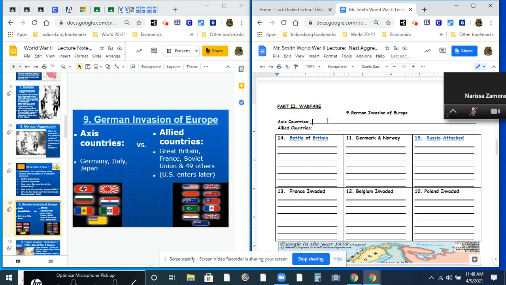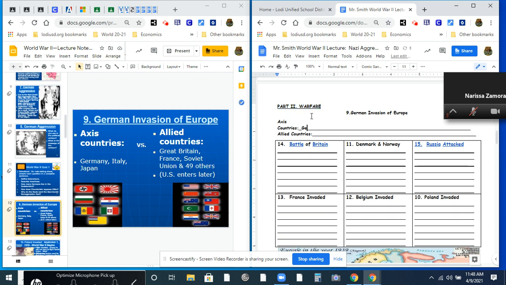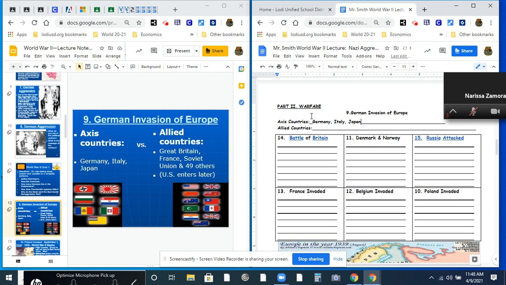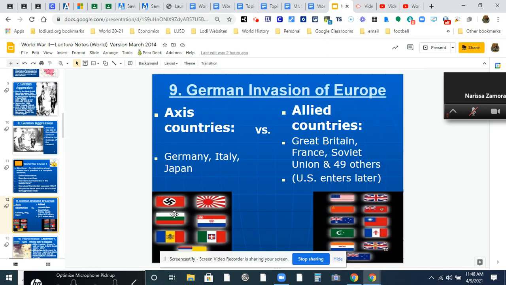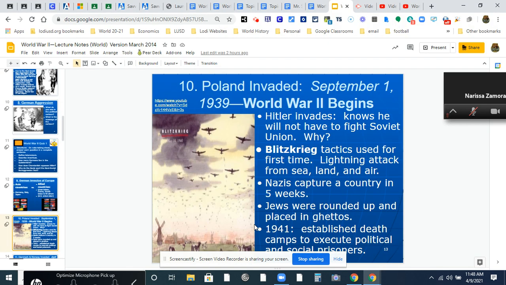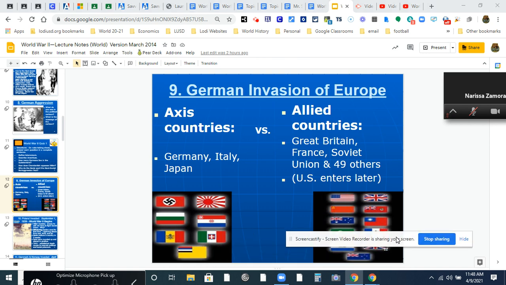So for the Axis countries, write in 3 Axis countries: Germany, Italy, and Japan. You should be able to spot the German flag with the swastika, as well as the Japanese flag with the land of the rising sun. The Italian flag, I don't see it there.